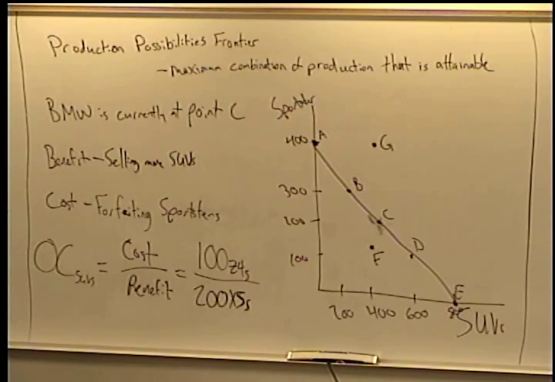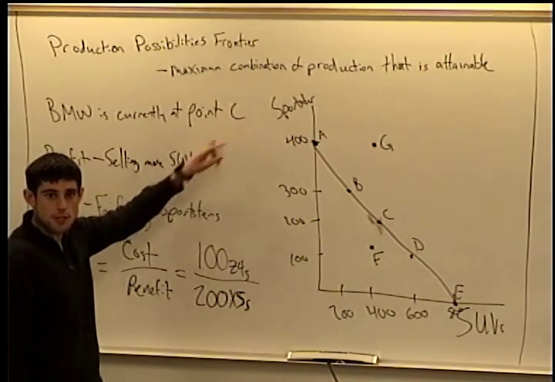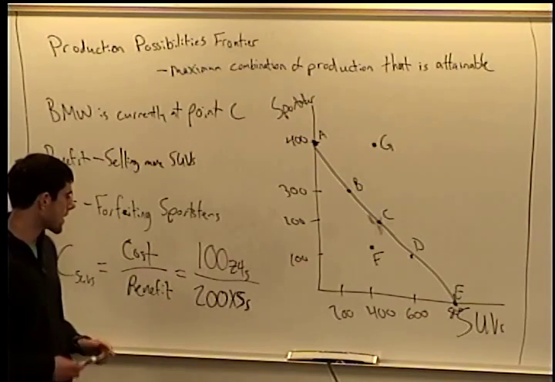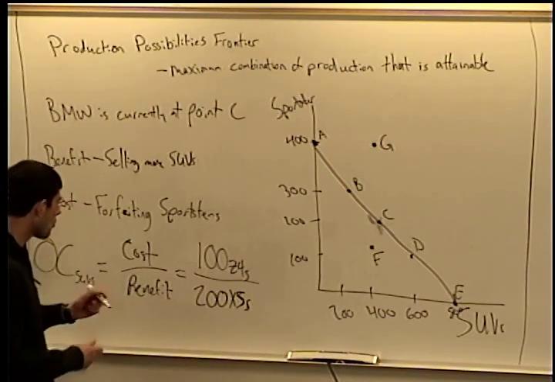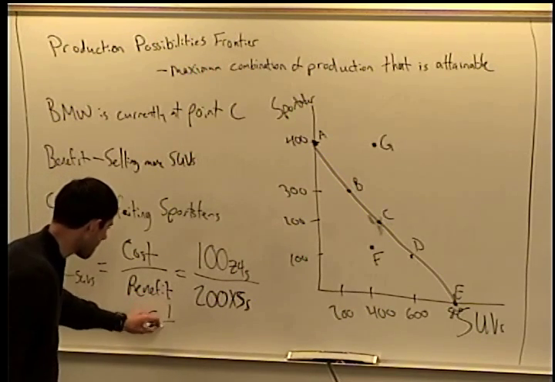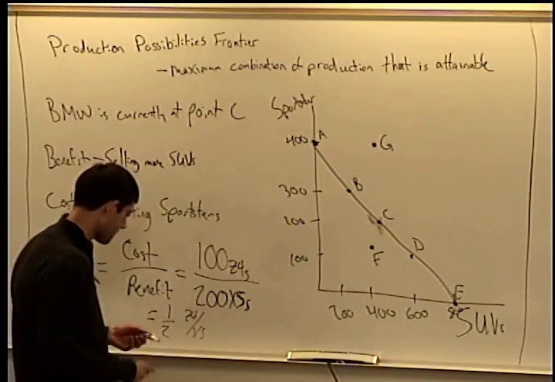Okay, so here, the opportunity cost of producing one more SUV, if BMW is currently at point C, is they forfeit 100 Z4s to gain 200 X5s, or that comes out to 1/2 Z4 per X5.